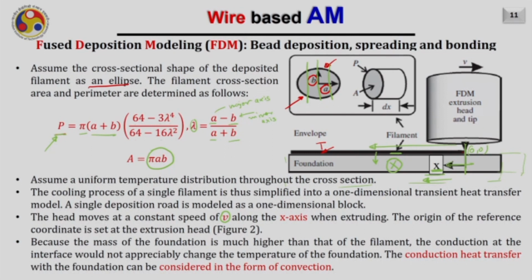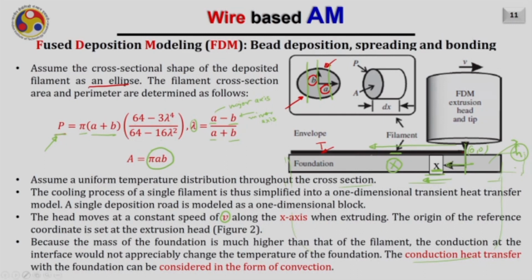We will assume that the conduction heat transfer with the foundation is nothing but coming from the convection itself, because it is assumed to be very large and its temperature is not changing, hence its temperature is equal to the ambient temperature. Therefore, the heat transfer or the conduction heat transfer into the foundation is assumed to be from convection only.